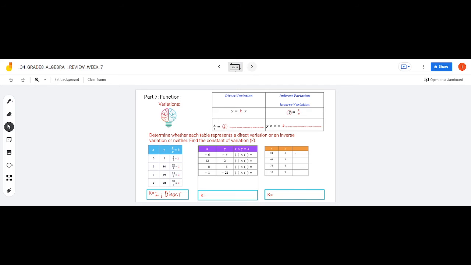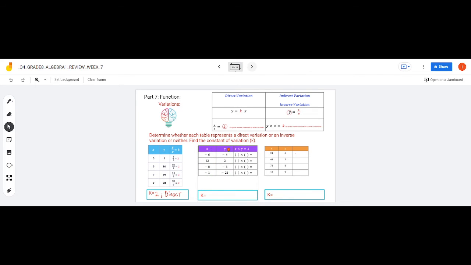For indirect variation or inverse variation, we multiply y times x, or you can say x times y, and you'll get an answer, and it must be the same answer. All right, so here we have our x column and our y column. So we have values for x and we have values for y.